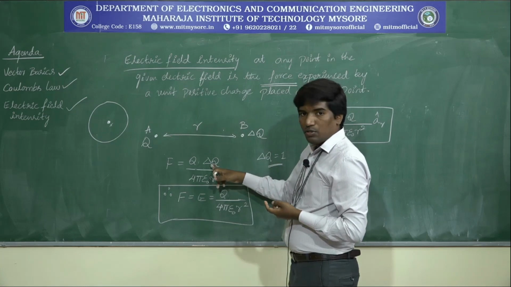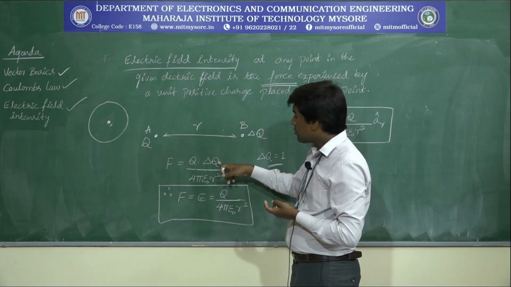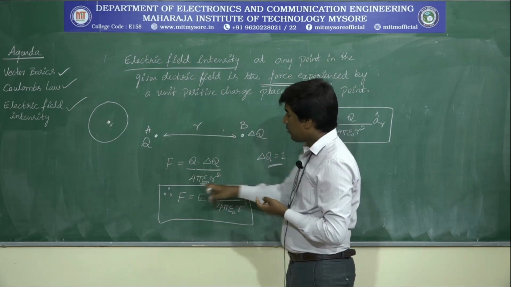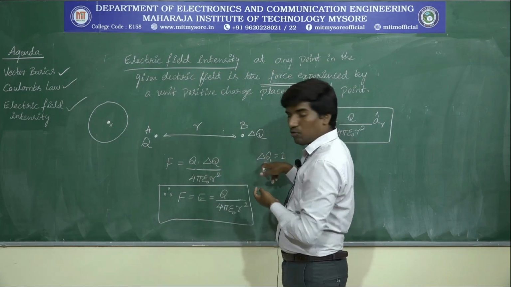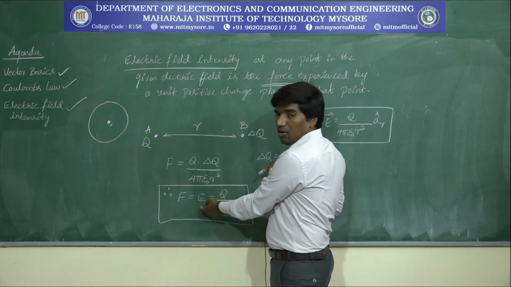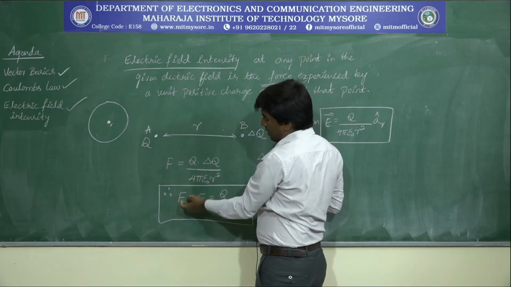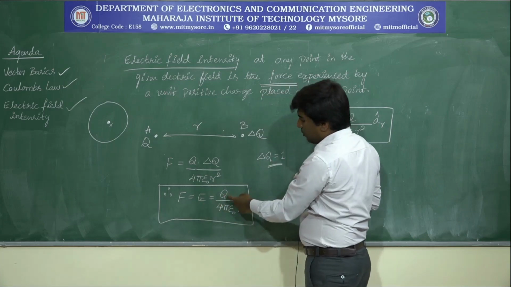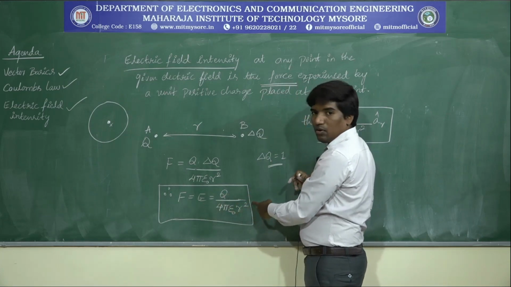The moment you substitute delta Q equal to 1, the force experienced by that unit positive charge is called electric field intensity. E is given by Q divided by 4 pi epsilon naught r square.